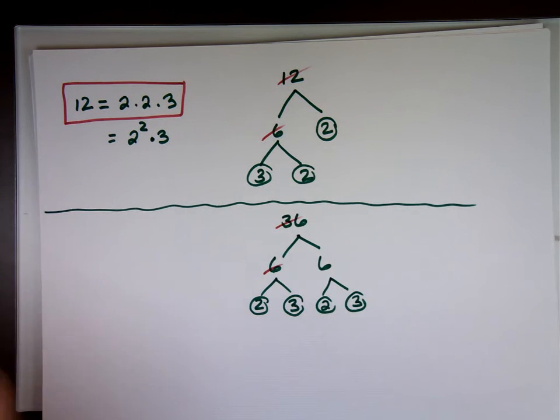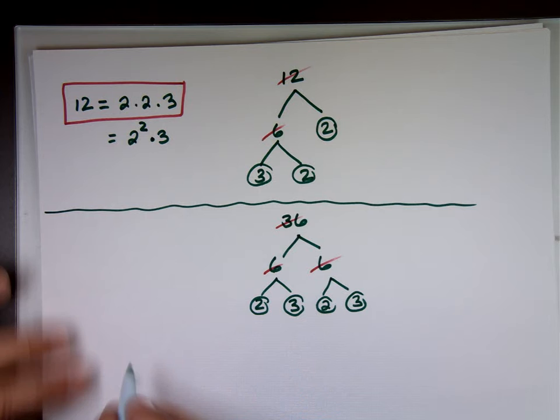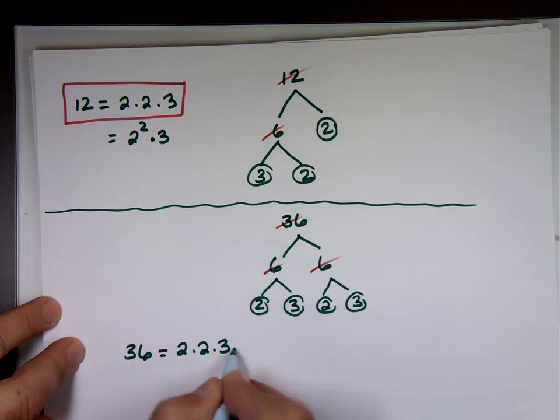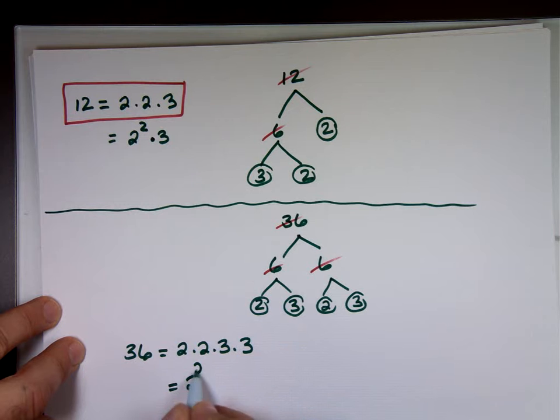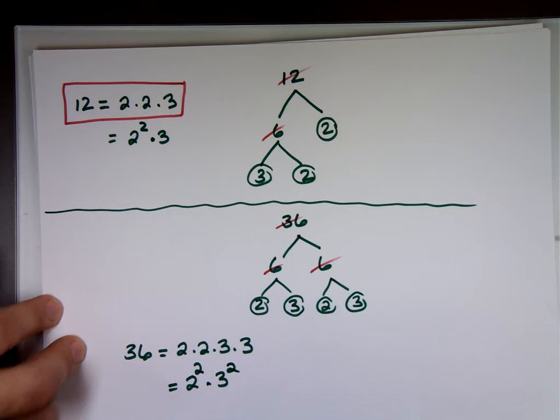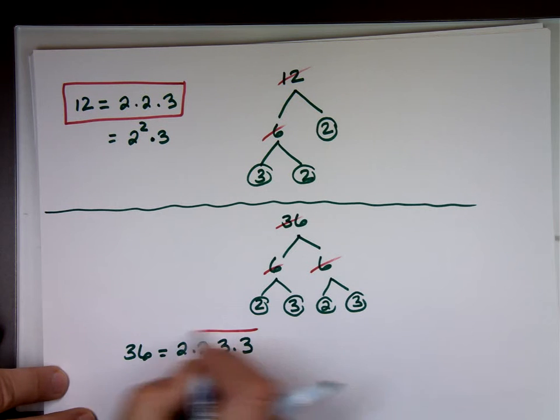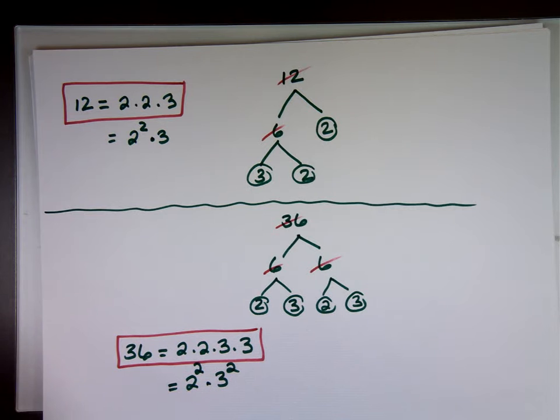The other 6 is gone. Now what you have left, I circle them, all prime numbers. So 36 is equal to 2 times 2 times 3 times 3. How many 2s? 2 of them. How many 3s? 2 of them. That's the prime factorization of 36. What prime numbers, if you multiply them, because it has to be multiplication, that's why it's called prime factorization, the answer is 36.